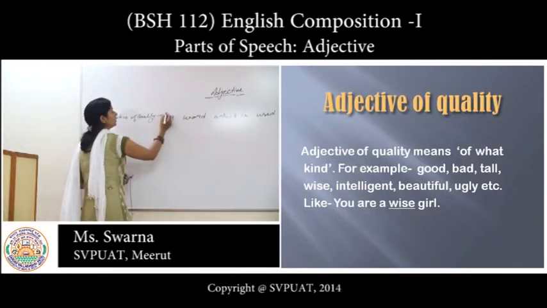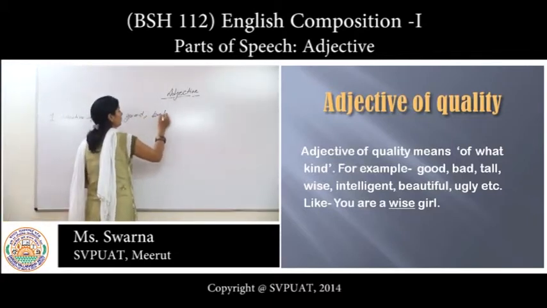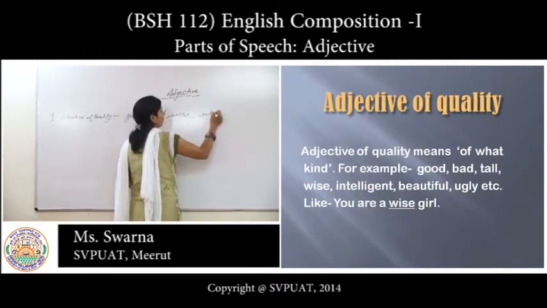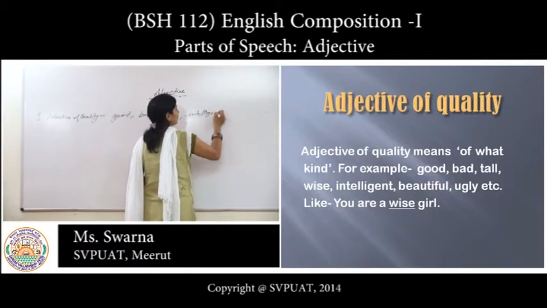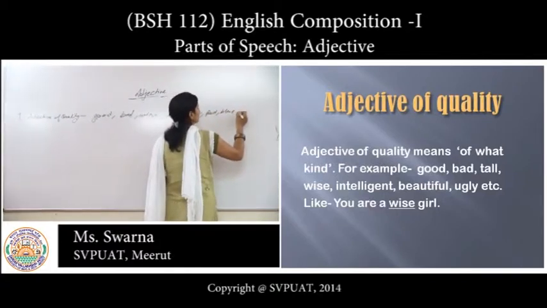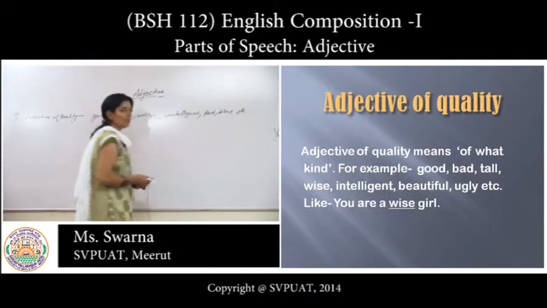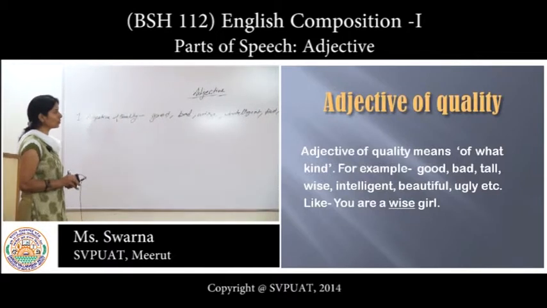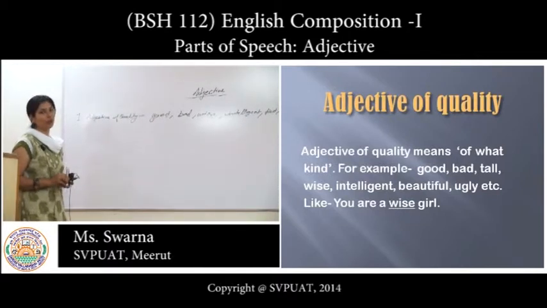So words like good, bad, wise, intelligent, red, blue, etc. are adjectives of quality, because these words denote the quality of a noun or pronoun.